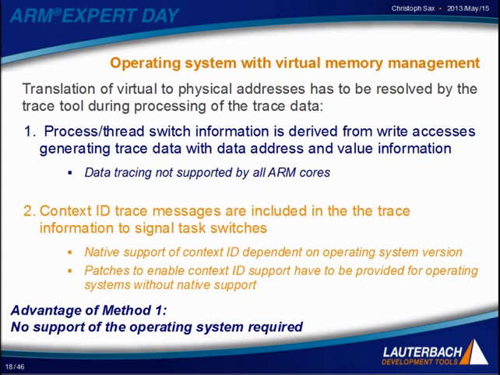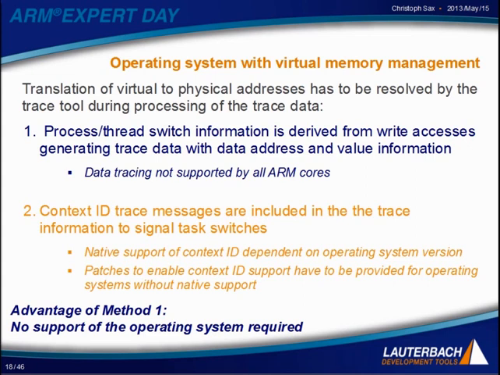The first one is based on the data tracing information. The context or the processed thread information can be derived from write accesses to certain memory locations that can be verified by monitoring the data trace information.